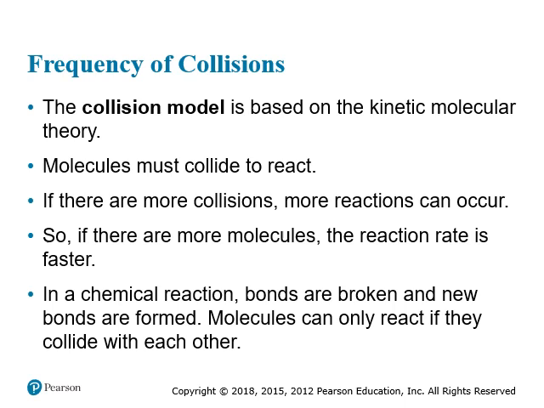The more collisions there are, the more reactions can occur. So if we have more molecules, in other words, a higher concentration, then the rate of reaction is likely to be faster. In a chemical reaction, bonds have to be broken and new bonds have to be formed. And these things can only happen if molecules collide with one another. This is the basis of the collision model.